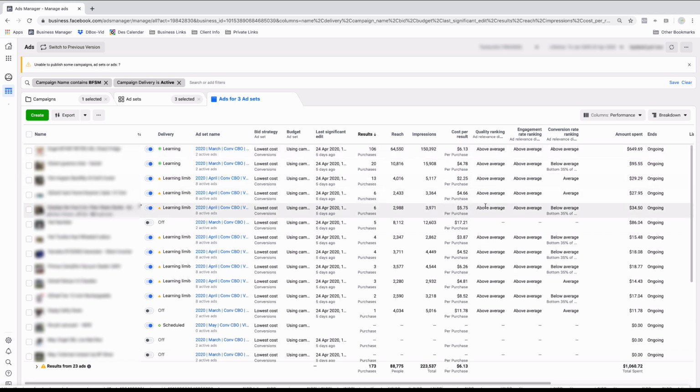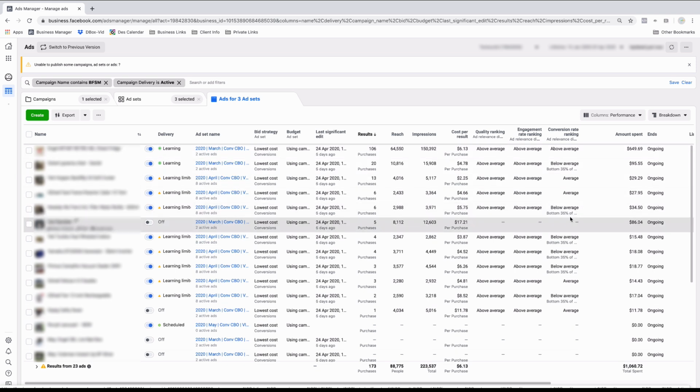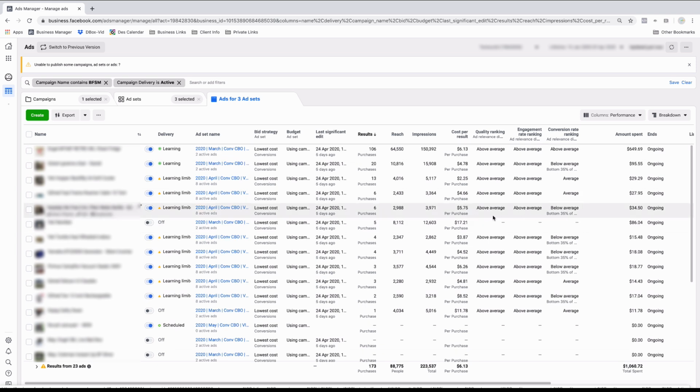If these were all below average, then I would be concerned. I would be paying more to get my ads in front of people because of the quality, the engagement, and the conversion of those ads.